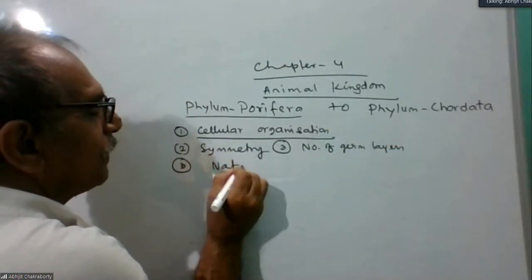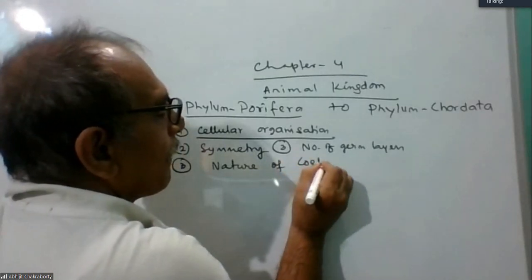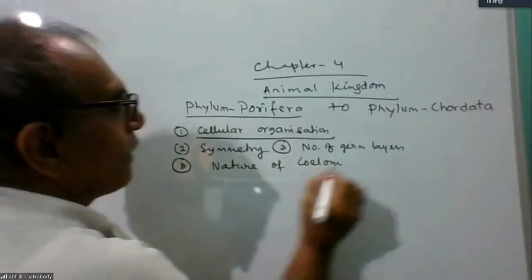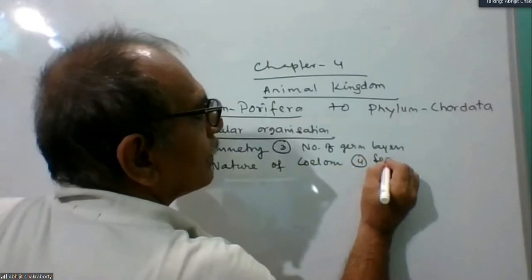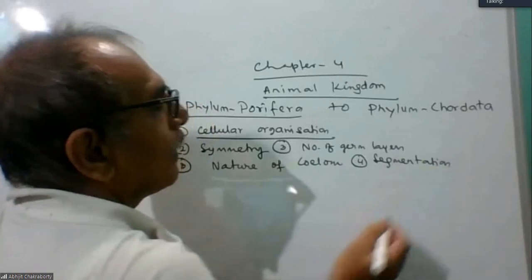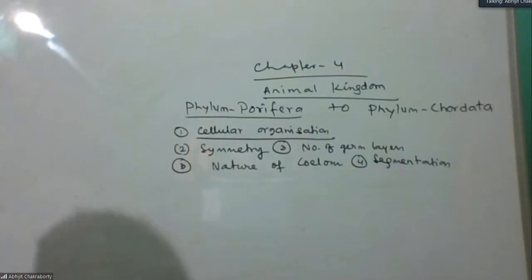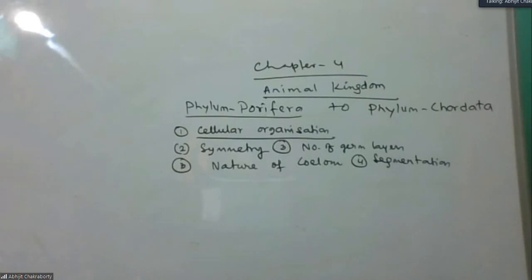Nature of coelom. Maybe segmentation. A lot of criteria may be chosen for classification of the animal kingdom. So some of them I am going to discuss here.